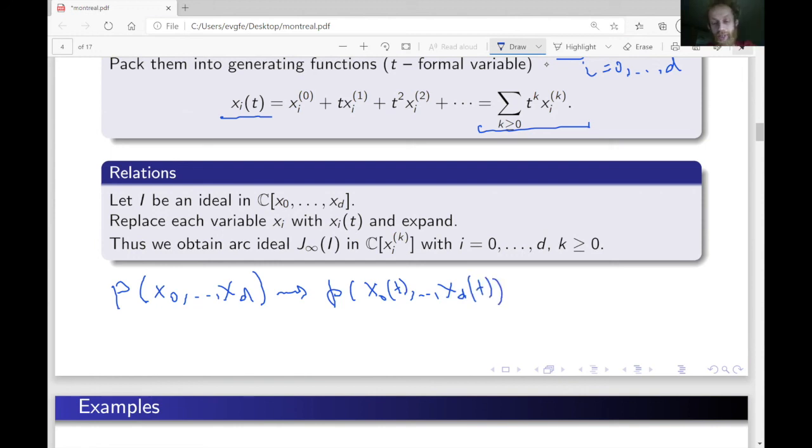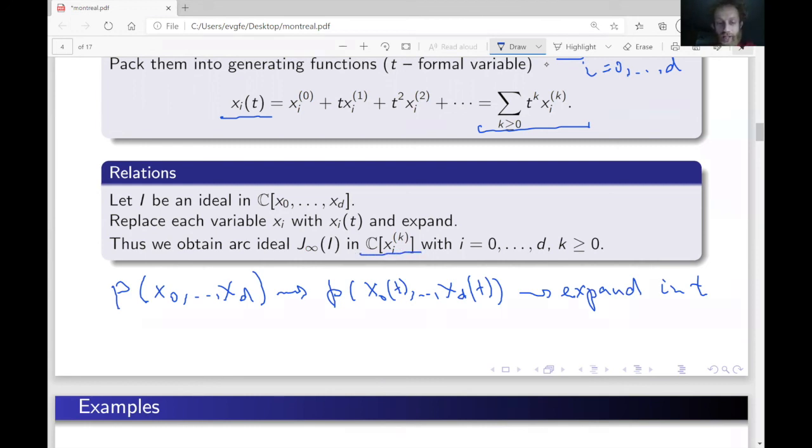So now this is a polynomial in our variables x_i^k, and also a variable t. And then we expand in t, meaning that the coefficient in front of each power of t is a polynomial in the polynomial ring in infinite number of variables.